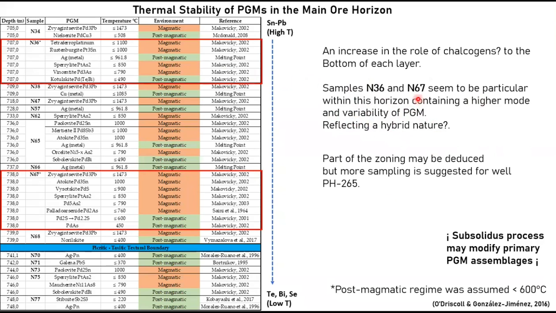Here it is also important to remark that samples 36 and 67, of hybrid nature, show the highest variety and modal amount of PGMs, probably related to their hybrid nature.